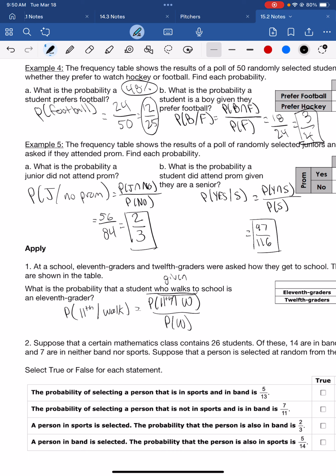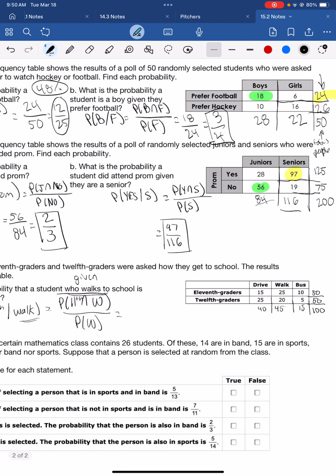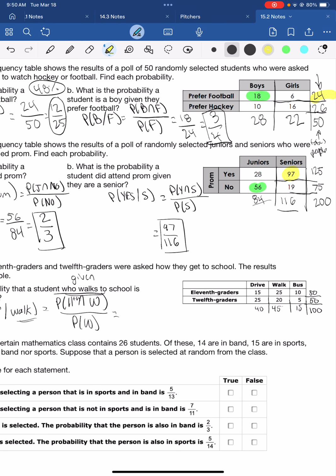You're always going to do the and on top, and then on the bottom you do just the probability of the thing that's given. So 11th and walk is going to be right here. That's 25 out of the probability that they walk. How many students walk? That's going to be 45. So 25 out of 45. You divide both of those by 5, and you'll get 5/9. Like that. All right.